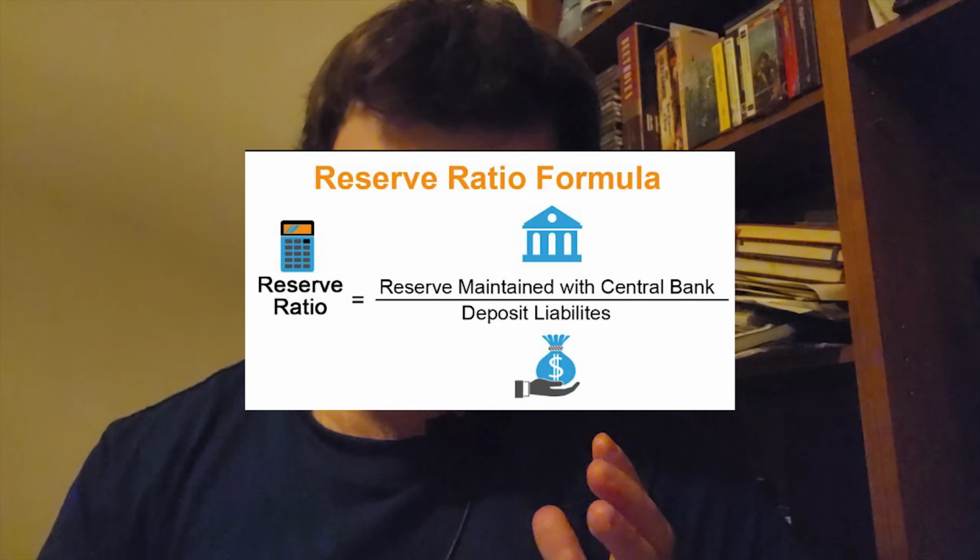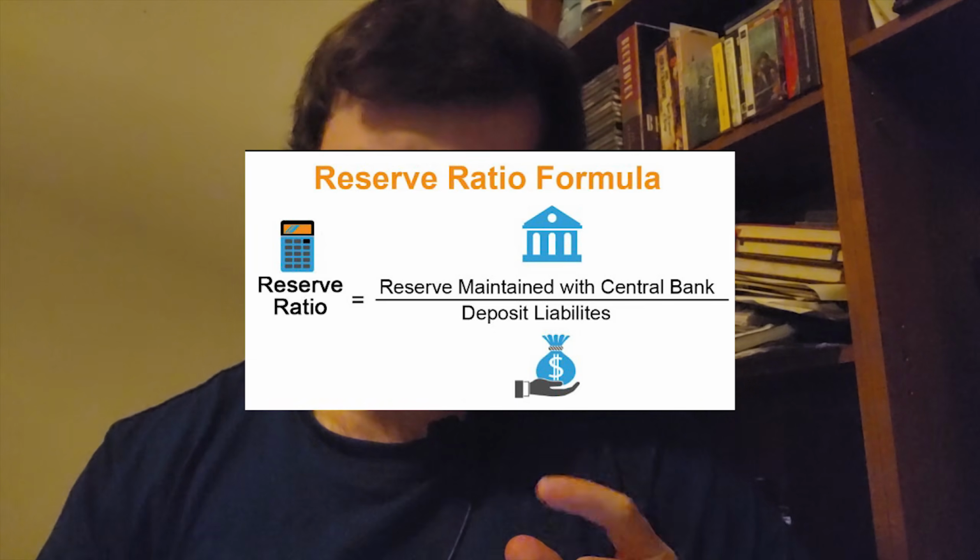So one thing to consider, though, and this is part of the balancing act of the central bank, is that a loan creates money. The relationship is described by what's called the reserve ratio, or the money multiplier, which is determined by the reserve ratio.